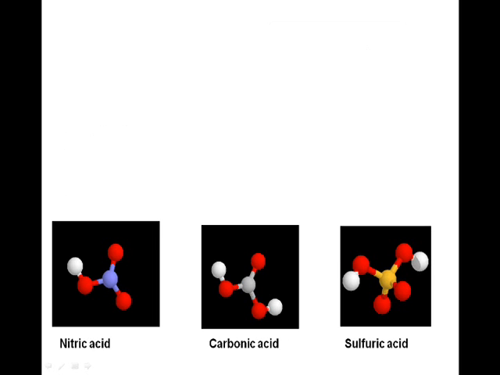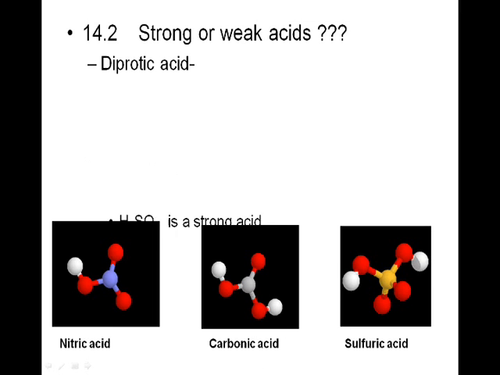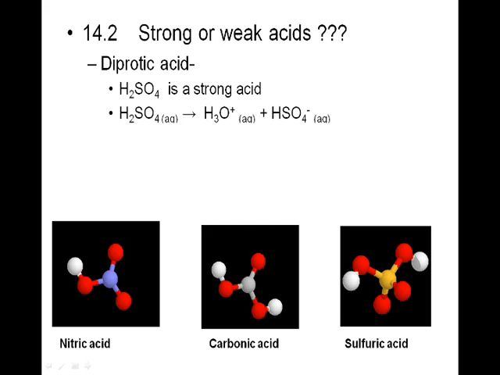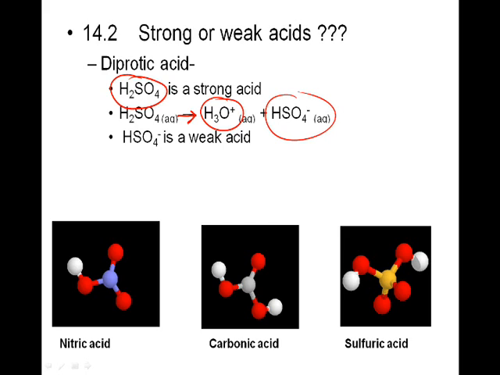These slides just summarize some of those things. Keep in mind that sulfuric acid is a special case in that it is a strong acid and dissociates almost completely into hydronium ions and hydrogen sulfate ions.